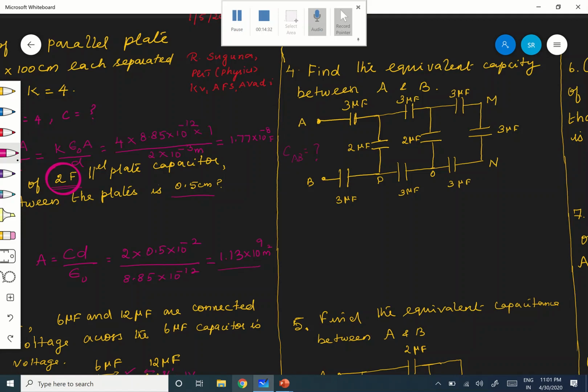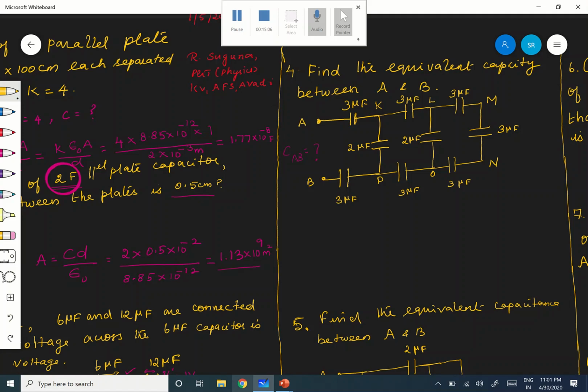Now how to calculate? For that you have to come from the rightmost corner. Let us see, I think the naming is given: A, B, M, N, I think it is L, O and K, B. Some names, okay, let it be.